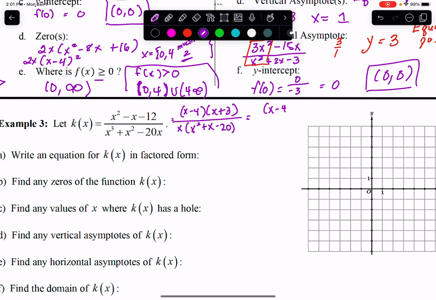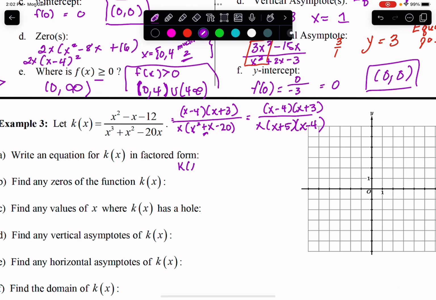You have x minus 4 still on the top and x plus 3. And then on the bottom, you have x, and then this would factor to 5 and 4 with a positive 5, because that's a positive 1x. So x plus 5, x minus 4. So there's our factored form. So let's write that down here. Now let's write the whole thing.